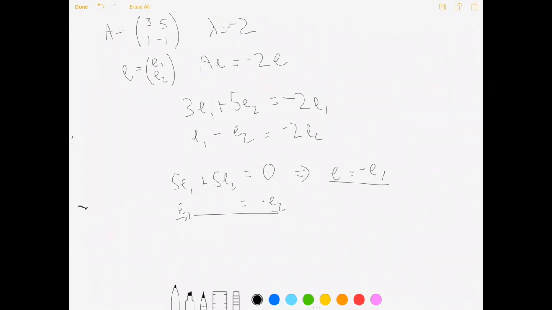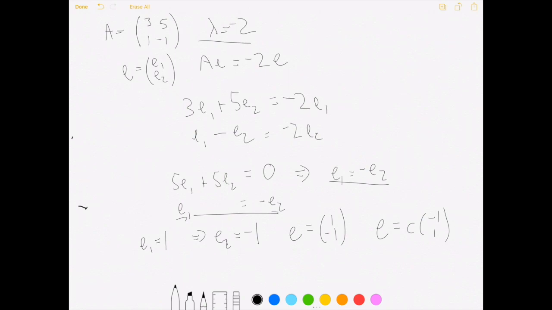So that means we can fix one of the parameters, say E1 equals 1, and that implies that E2 equals minus 1, right? So E equals (1, minus 1) is an eigenvector. And it turns out that anything of the form E equals C times (1, minus 1) is an eigenvector corresponding to the eigenvalue lambda equals minus 2.